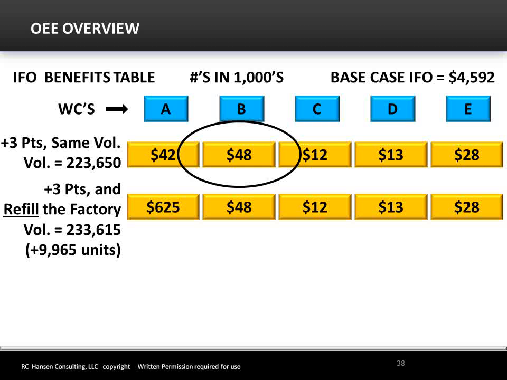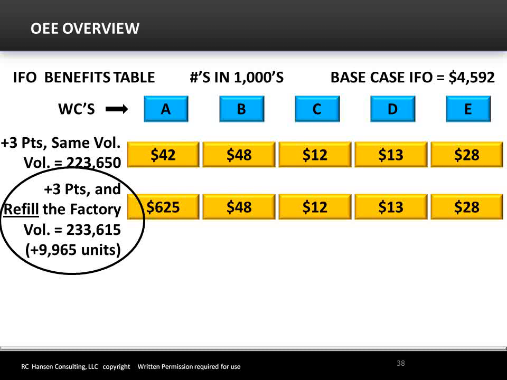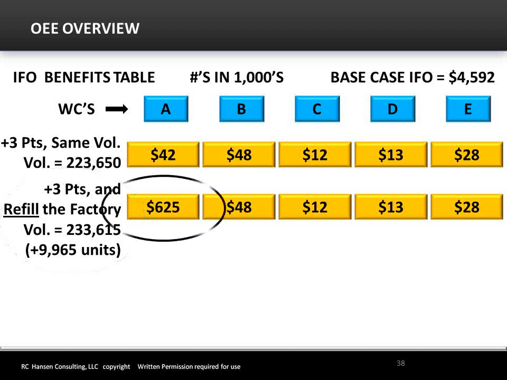And the second row of information is from the what-if scenario of improving OEE by 3 points and selling all of the new capacity of 9,965 units. The impact on income from operations is $625,000. This would have 13 times more value than improving any other work center.